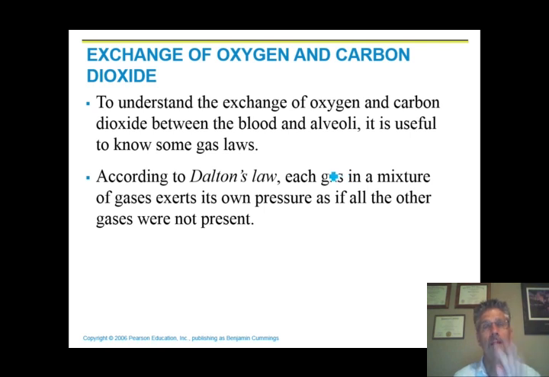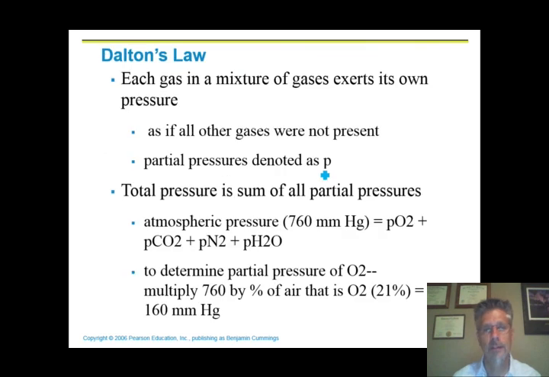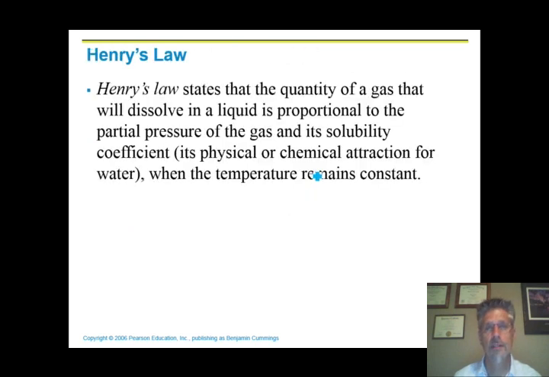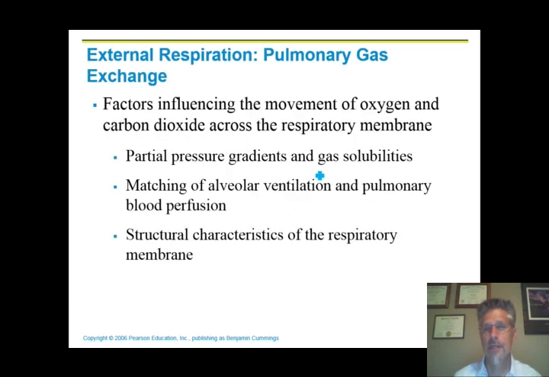But remember, we have the four key processes. We have ventilation of the lungs, then we need to exchange with the blood, both in the pulmonary circuit and down the systemic circuit. So again, it involves more laws in terms of how to get these molecules of oxygen and carbon dioxide to move across. Again, it has to do with concentration.